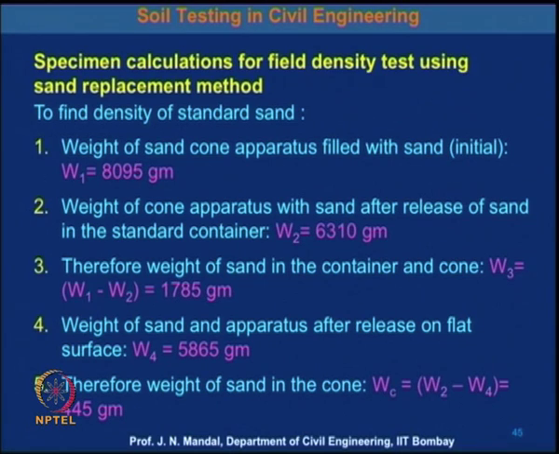Then the weight of the cone apparatus with sand after release of sand in the standard container. Let us say the weight is W2 and this is 6310 gram. Therefore, the weight of the sand container and cone, W3, is equal to W1 minus W2, which is 1785 gram.